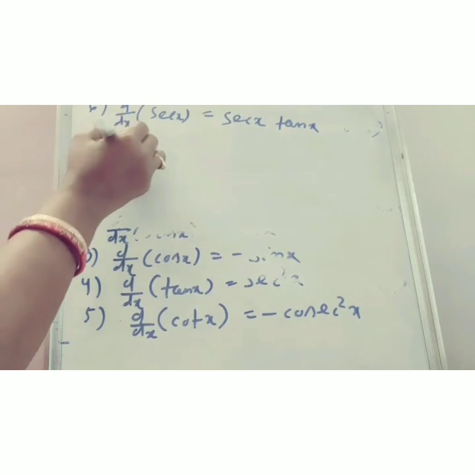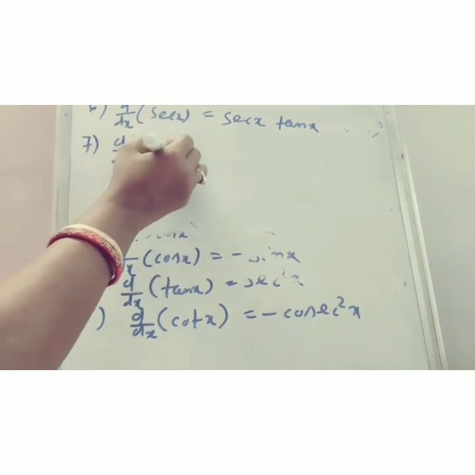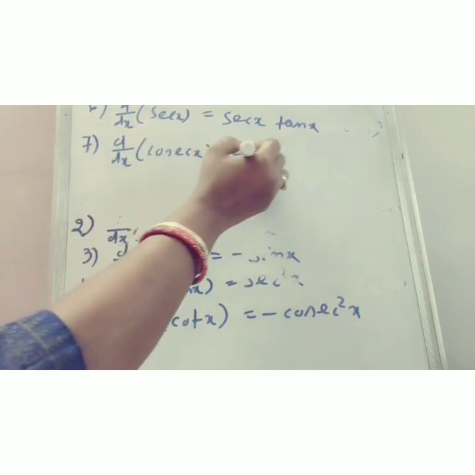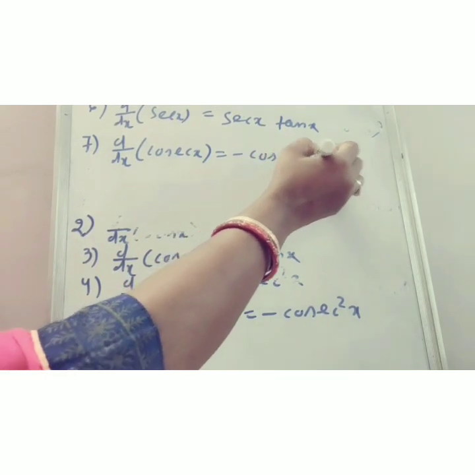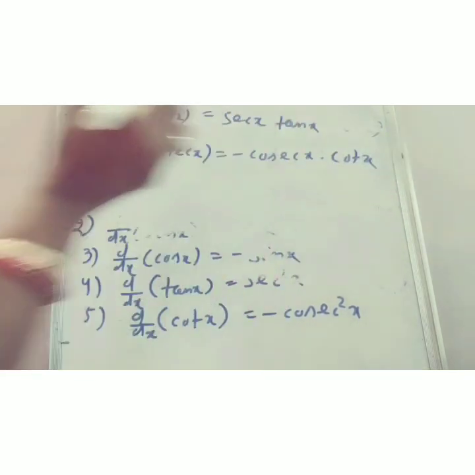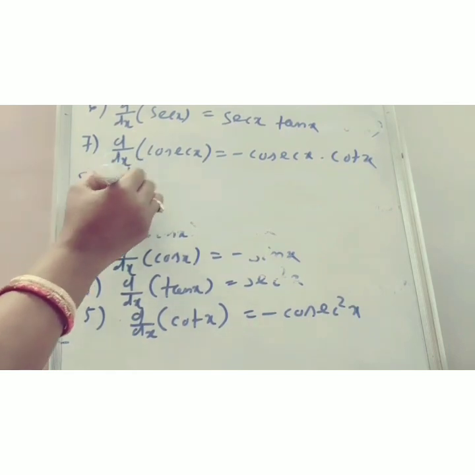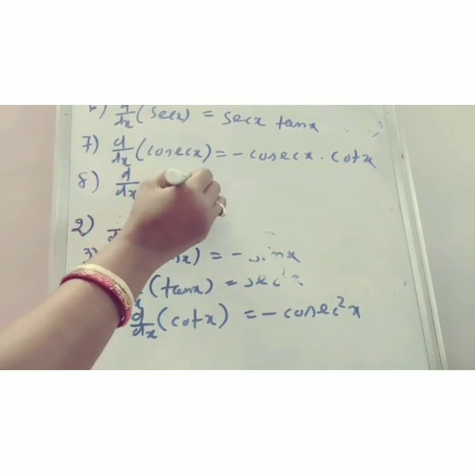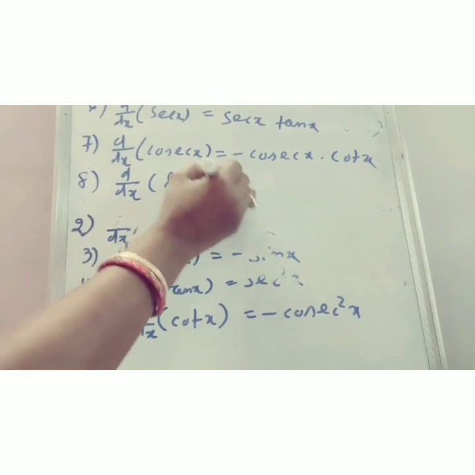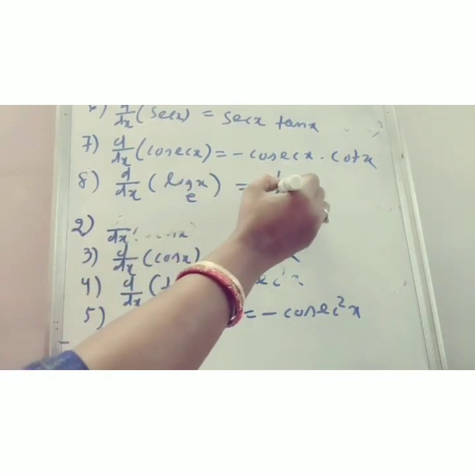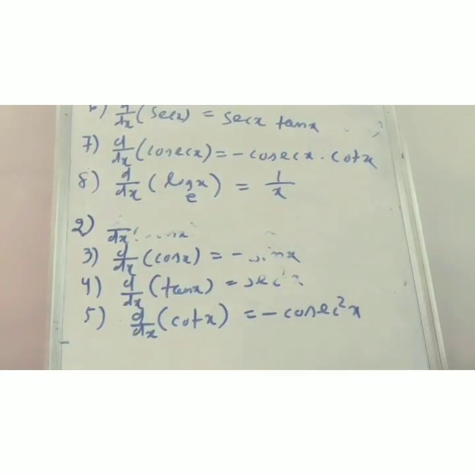Number 7, d by dx of cosec x is equal to minus cosec x into cot x. Number 8, d by dx of log x base e is equal to 1 by x. This is the derivative of log x with respect to x, which is 1 by x.